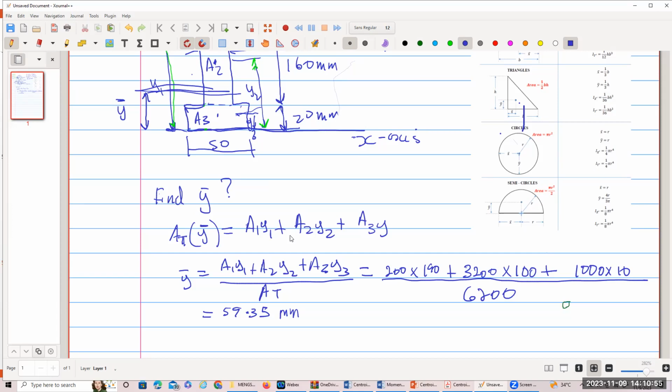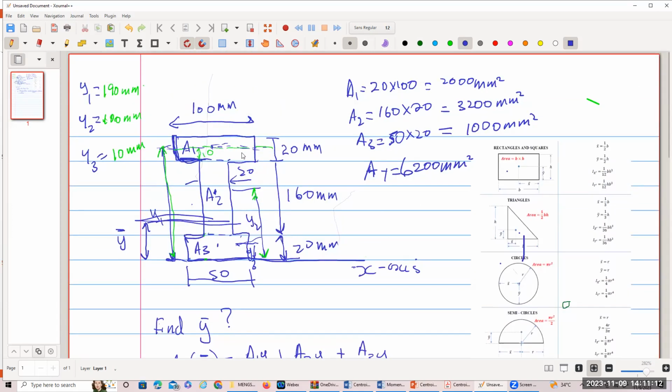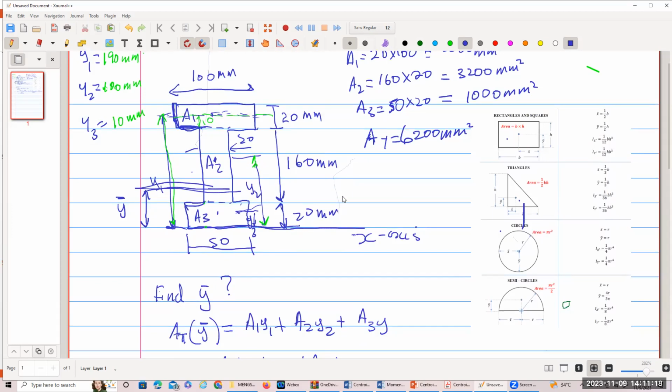So I've worked all of this problem now, it's your time. I worked the Y bar. You're going to find the inertia: the first part, second part, third part. The hardest part is to identify your individual DY. So you're going to find your DY for the first part, DY for the second, DY for the third.